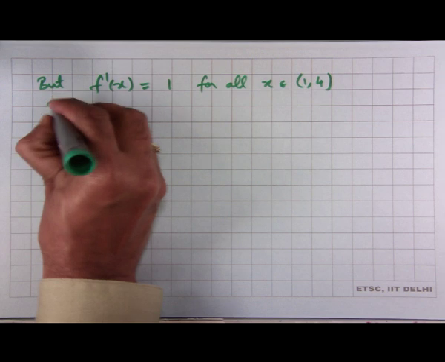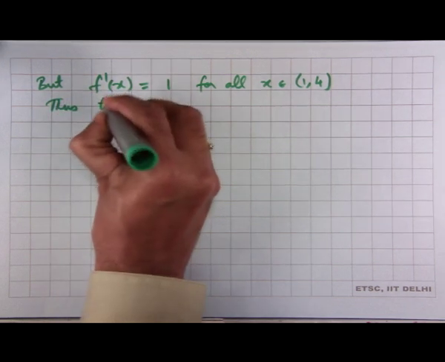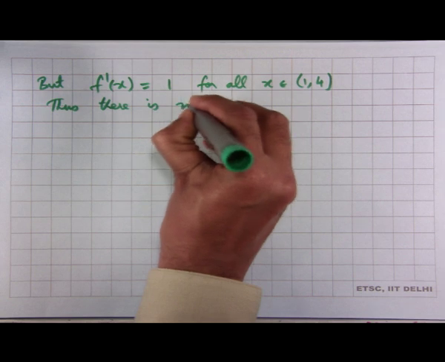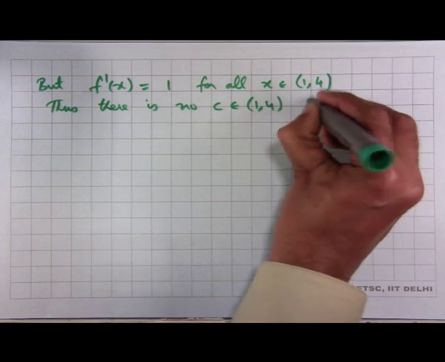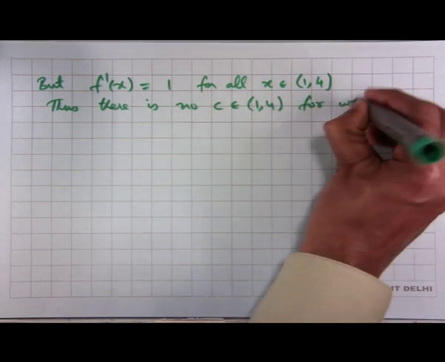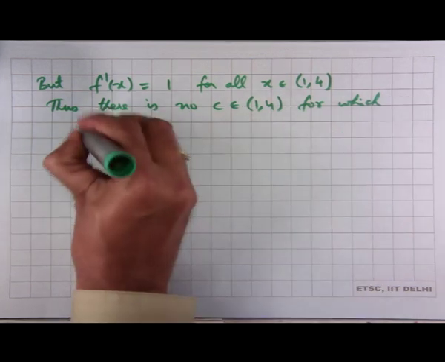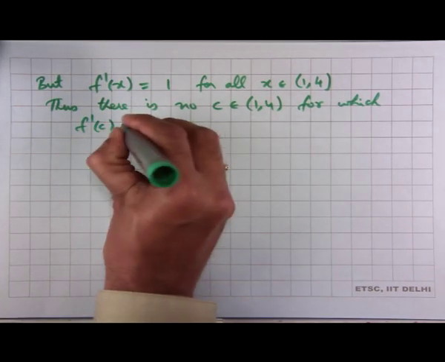Thus, there is no c in (1, 4) for which f'(c) is equal to 0.